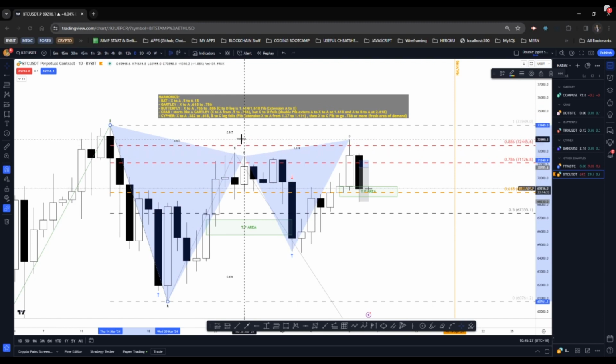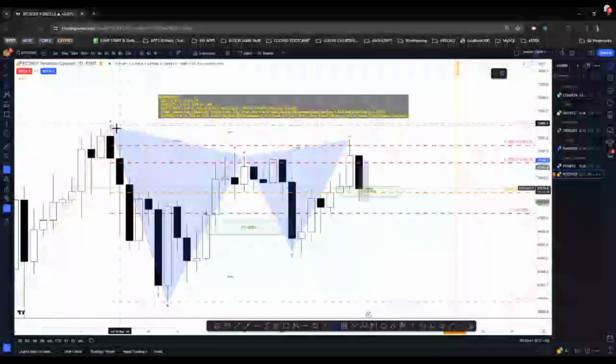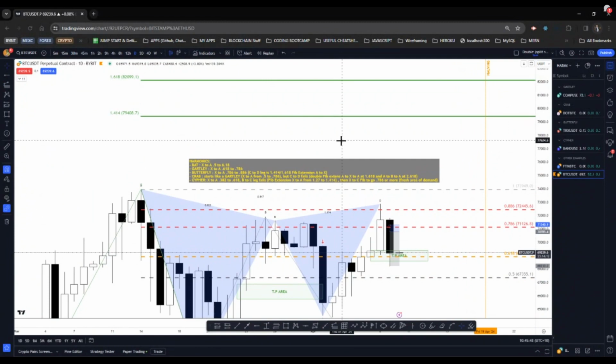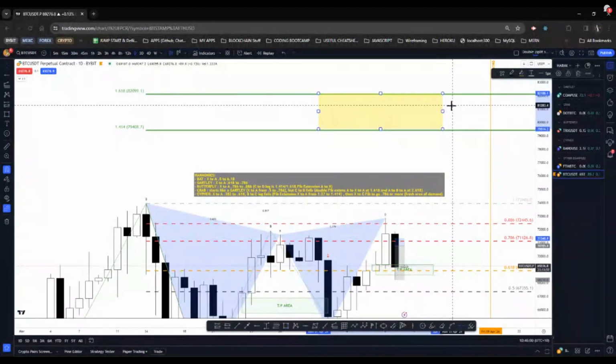So this is the butterfly forming, which means we are going to take our fib extensions. If you guys remember this little tool here, all we have to do is take the fib extension from X to A, and with the butterfly it's the 1.414 and the 1.618 area, which puts us with a BTC of around 87, 90, 82, whatever.